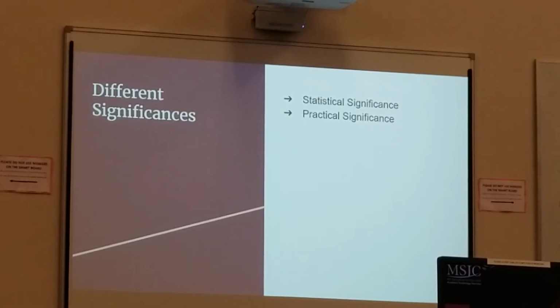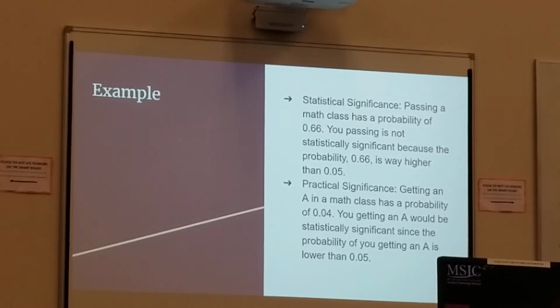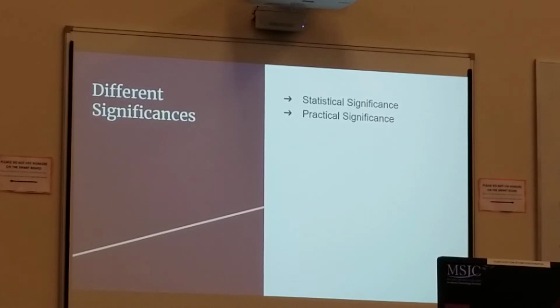So with practical significance, as you see on your little packet, it says that a diet that only makes you lose 3 pounds in a month does not have very practical significance. But with statistical significance, if you're getting an A, and the probability was 0.04, that is significant because it's lower than 0.05.